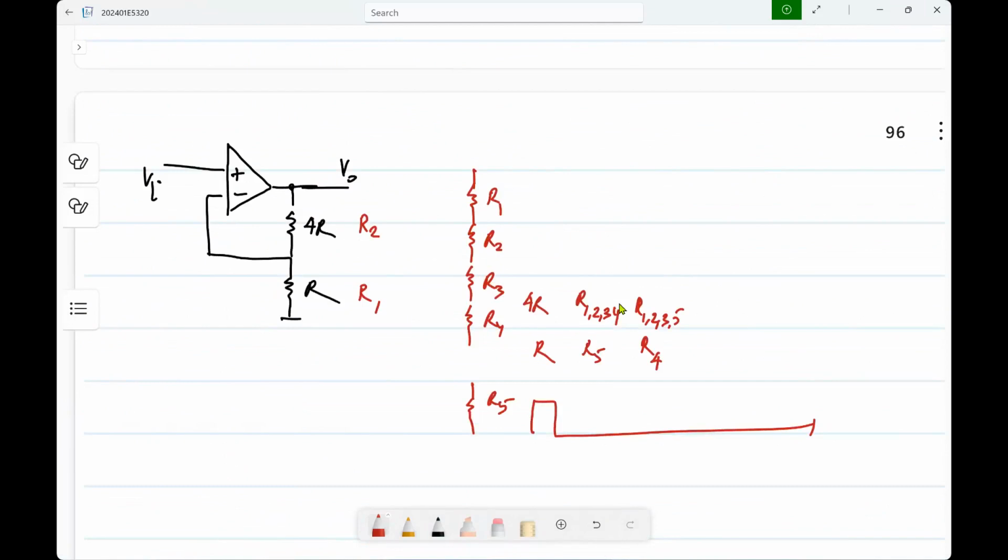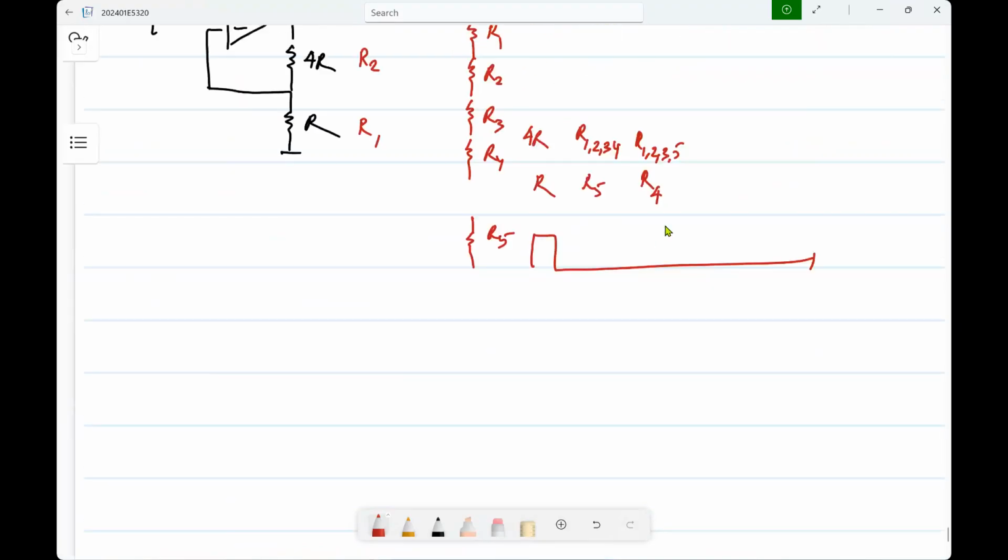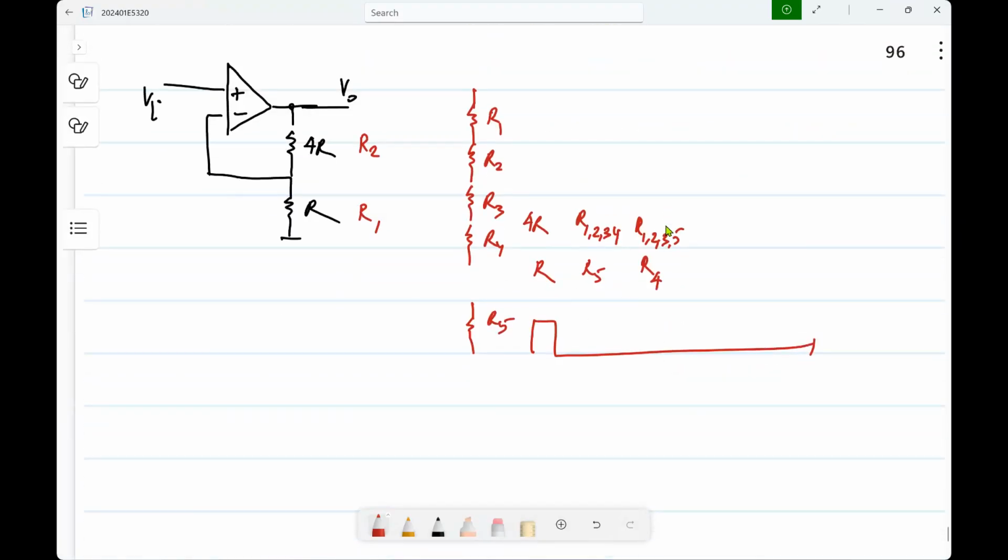It could be parallel also. Okay. So R1 could be 4 of something in parallel, and 4R is just a single element and things like that. And it's the same, no? You'll have 4 total elements, that's all. However, if you do unit element based layout, you anyway do unit element based layout for accurate matching. Then you cycle through all the unit elements, that's all.